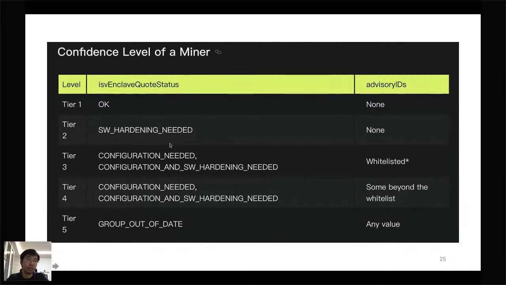For now, the most important infrastructure, for example, our gatekeeper, is only executed on machines with a confidential level of tier 1 and 2. And to our best knowledge, such CPUs are free of almost all known vulnerabilities.